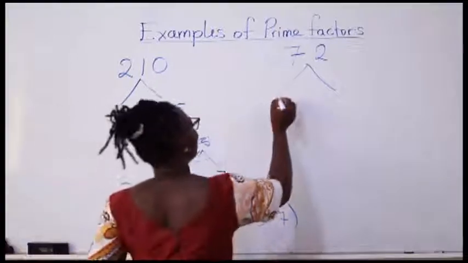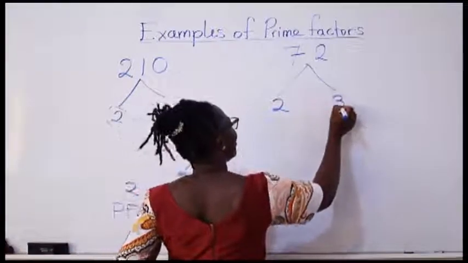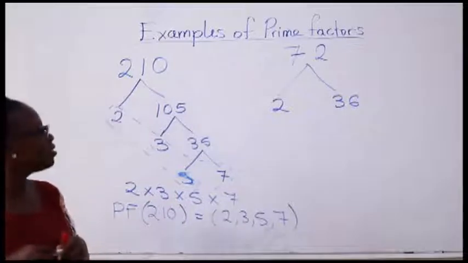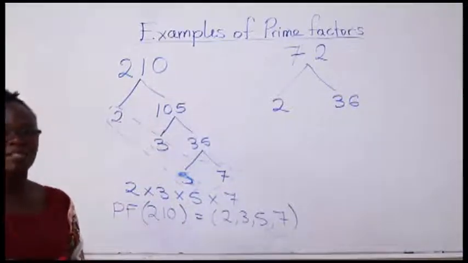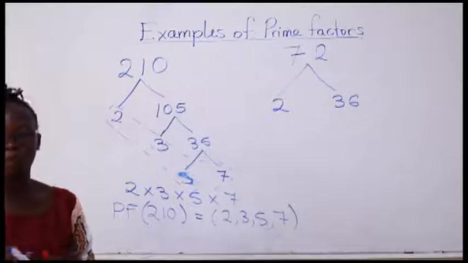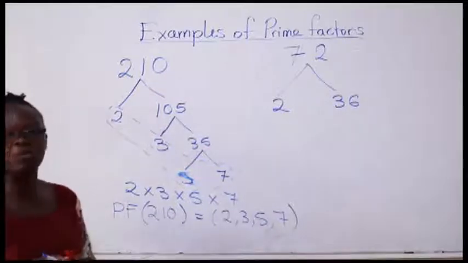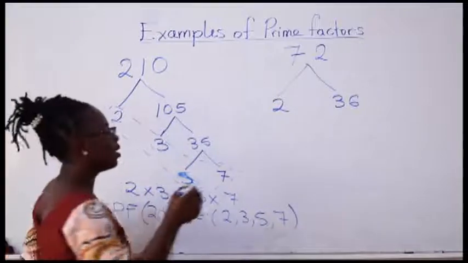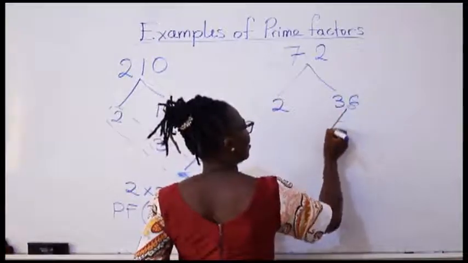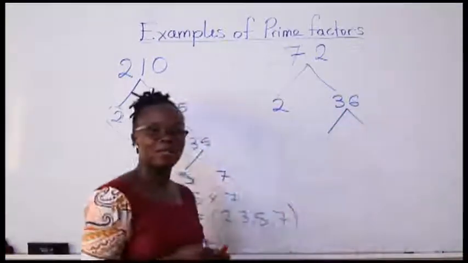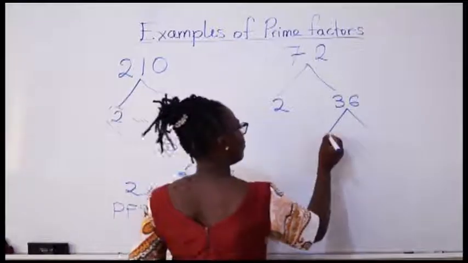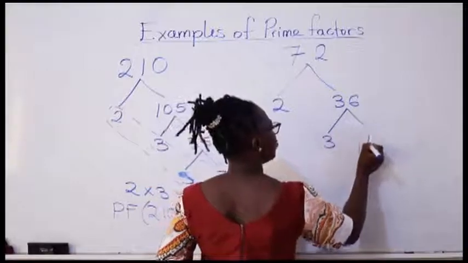So I have 2 times 36. Let's ask ourselves, which prime can go into 36? What would be the easiest? 3 can go into 36. 2 can also go into 36. So I have 3, then 12.